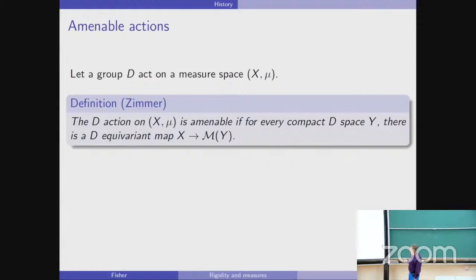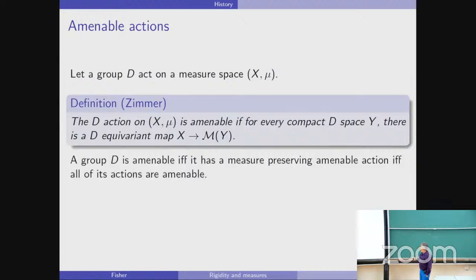And amenability for an action is, more or less, a generalization of the existence of this map. It says every time I have D acting on some compact space Y, I get a D equivariant map from X to measures on Y. And this really generalizes that map from G mod P to measures on the projective space in a relatively straightforward way.